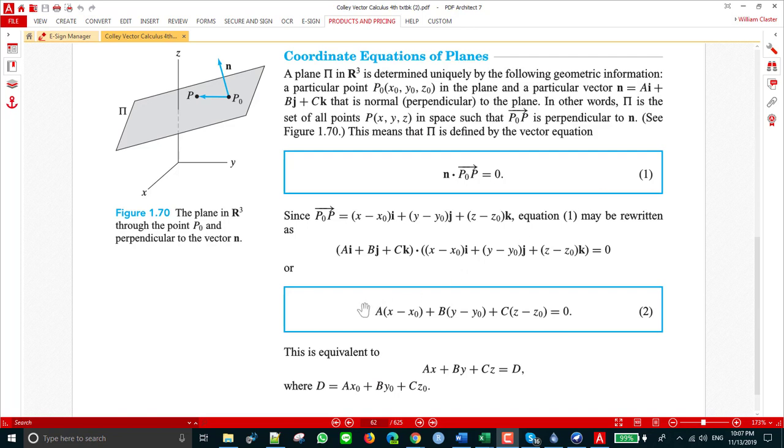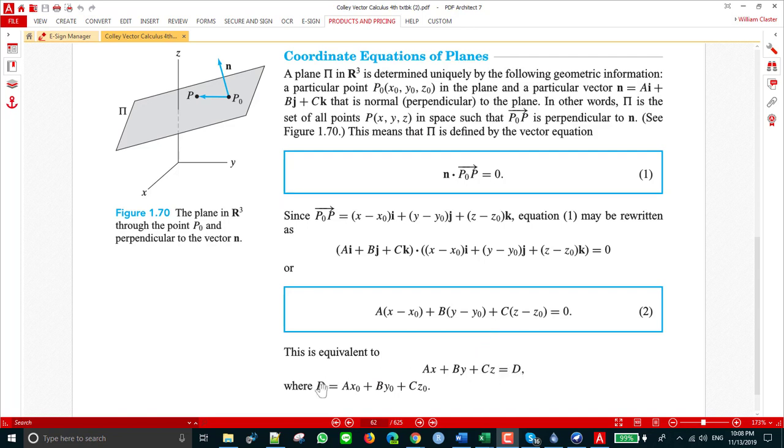But we can rewrite this like this, where you're going to get Ax, minus Ax0, minus By0, right, when you multiply this times this, and here you're going to get that. So these are constants, right? A times x0 is a constant, B times y0 is a constant. So you can combine those all into one big constant, call it d.